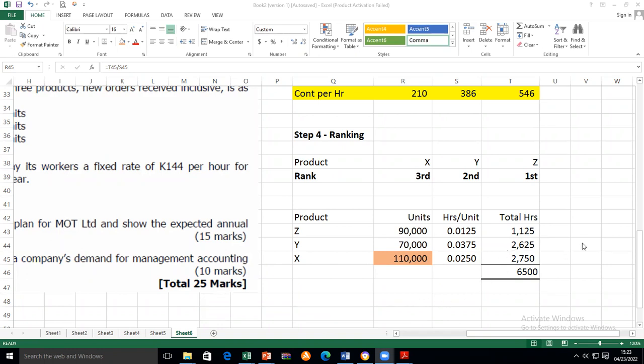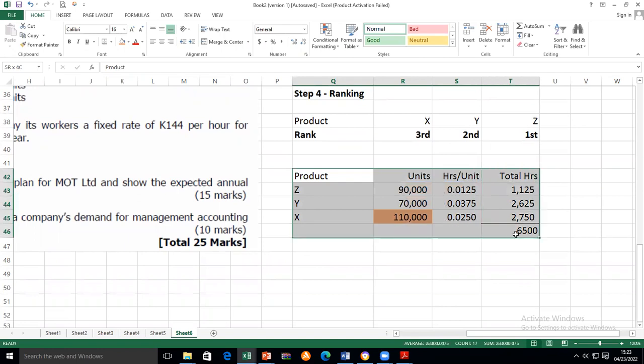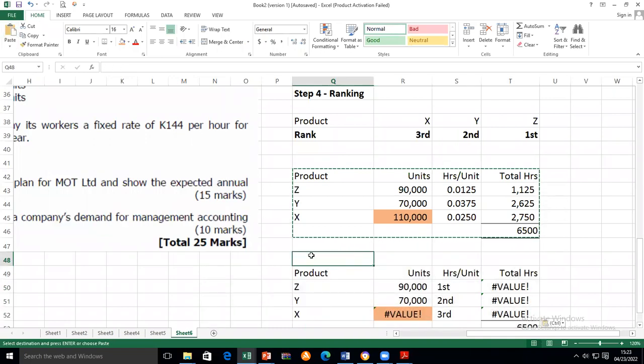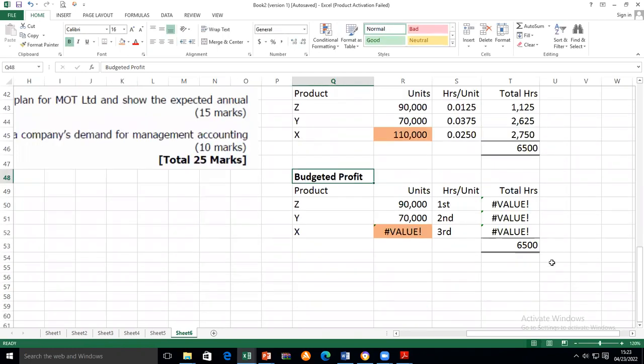To calculate the profit that we need, let's calculate the total budgeted profit. What is the budgeted profit? That's 110.